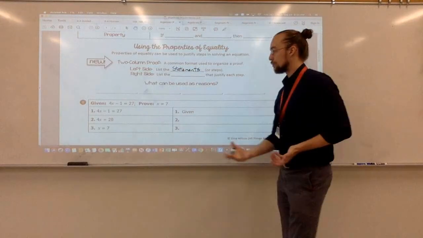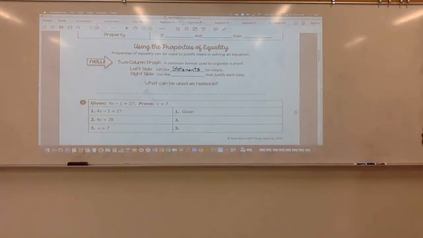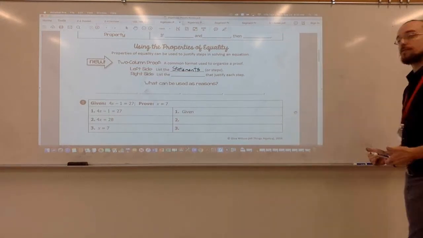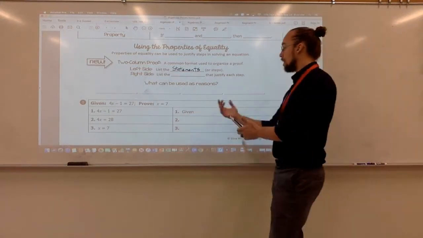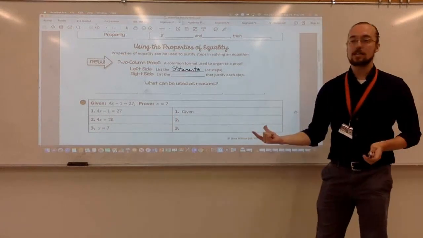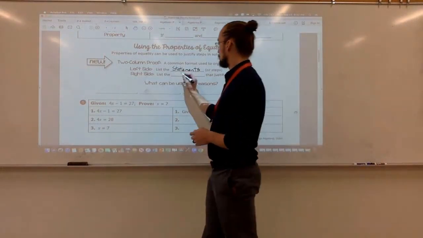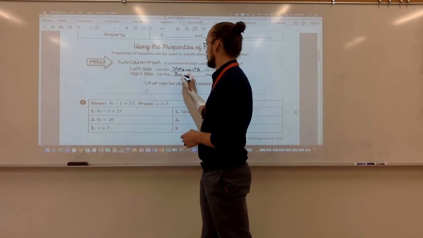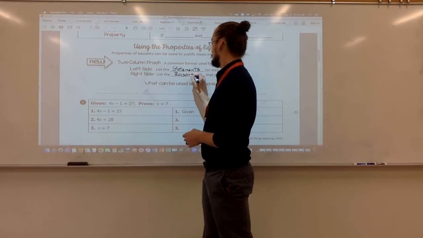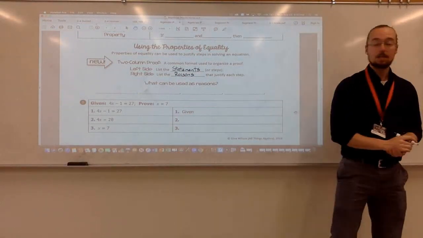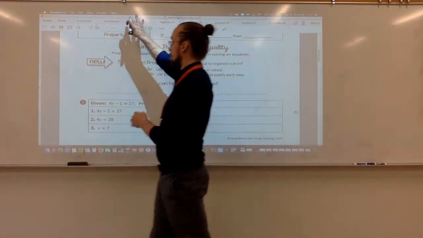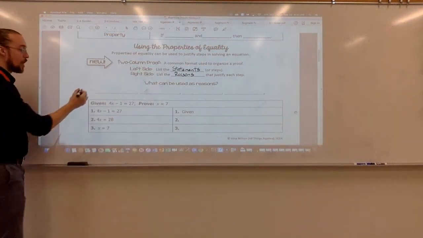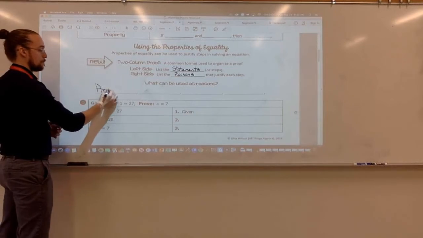For algebraic proofs, these are just going to be the steps of the equation. On the right column, I'm going to list the reasons that justify each step. Today, what we're going to use to justify are all those properties that we just looked at.